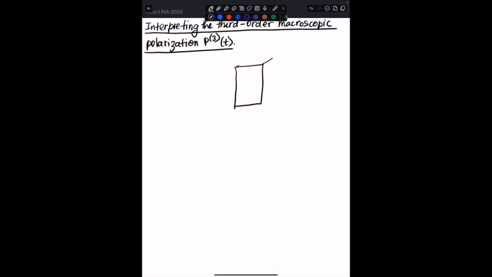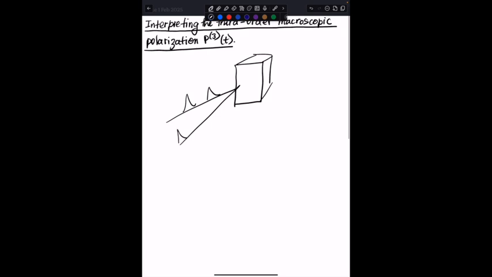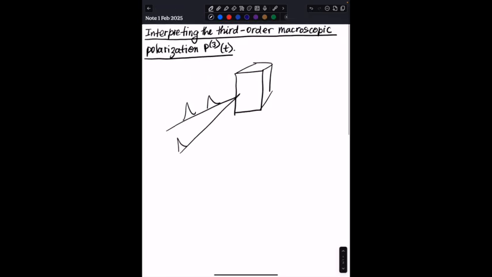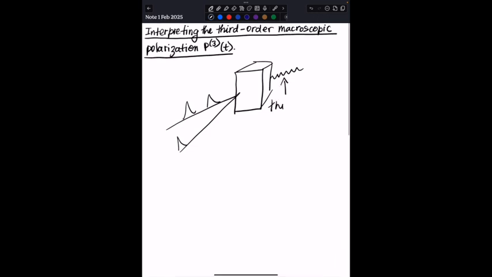assuming you have some sort of sample and you have three light fields which are incident on your sample, and then the signal which is recorded is your third order macroscopic polarization.